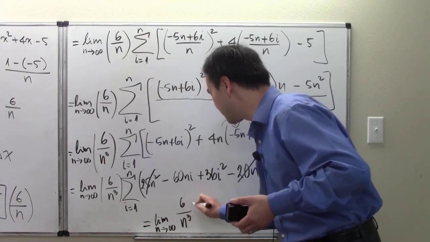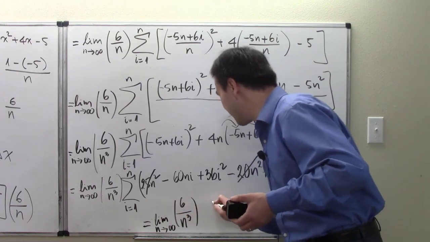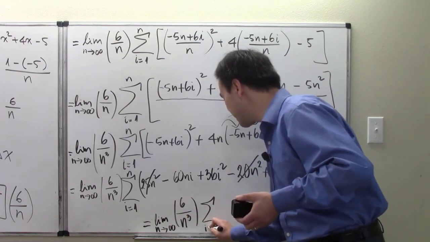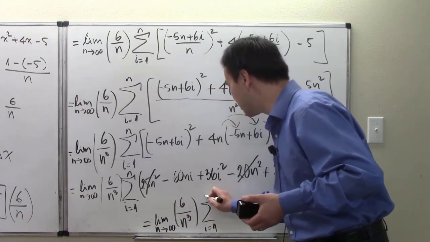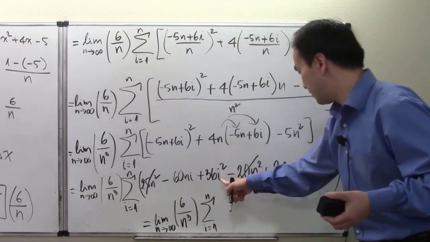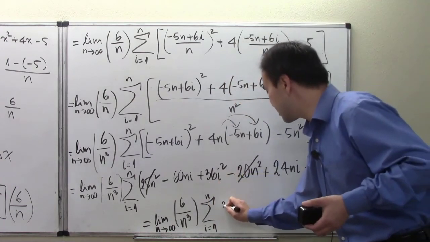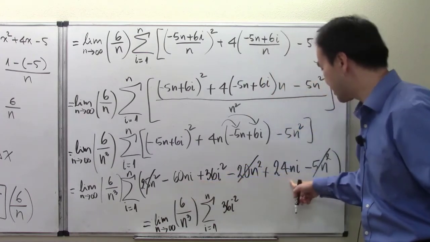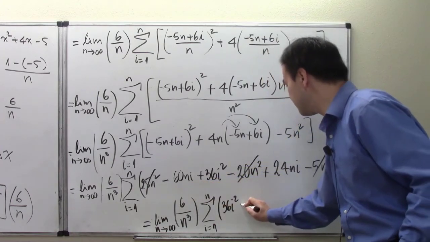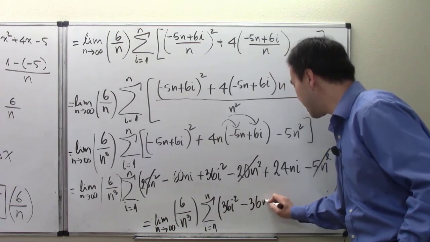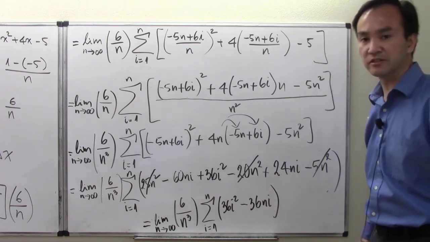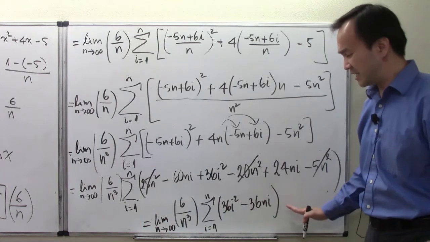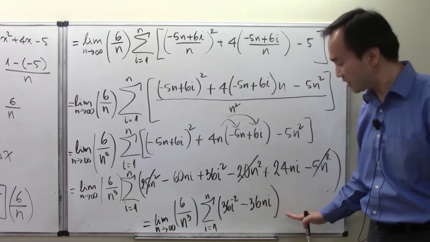It's very surprising that for this summation from 1 to n, the first term that remains is 36i squared. And then combining the two like terms here, we're looking at minus 36ni. So it's now surprisingly shortened.